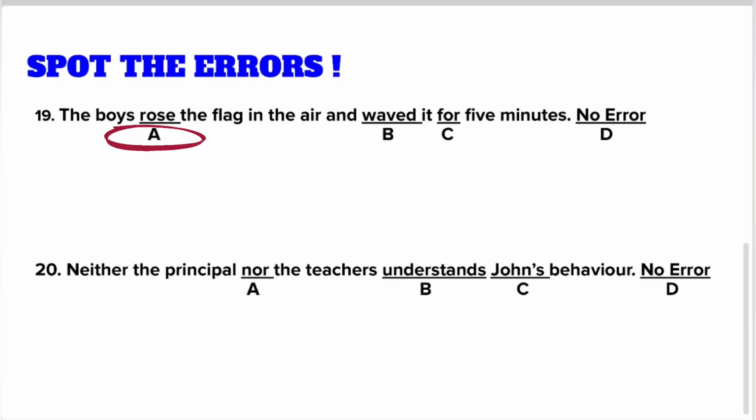The answer is A. Should be the boys raised the flag instead of rose. Number 20. Neither the principal nor the teachers understands John's behavior. Excellent choice. B. It should be neither the principal nor the teachers understand, because we're focusing on the subject closest to the verb, and the subject is teachers, more than one.